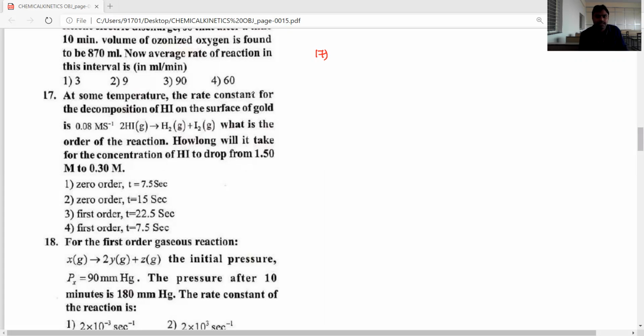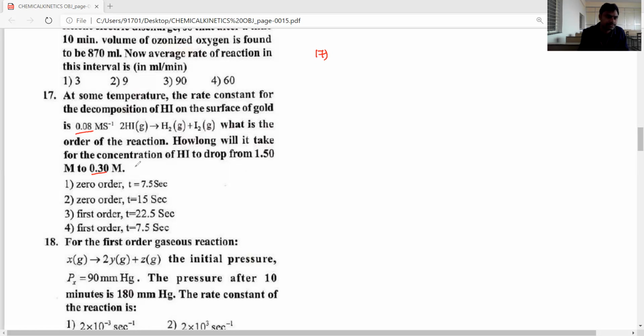At some temperature, the rate constant for the decomposition of HI on a gold surface is 0.08 mole per liter second inverse. What is the order of the reaction? How long will it take when the concentration of HI drops from 1.5 to 0.3? They asked this.